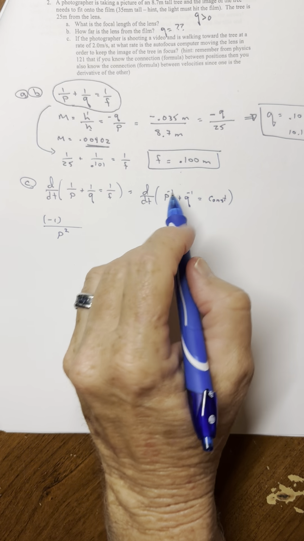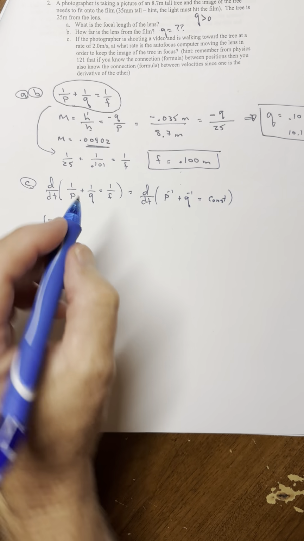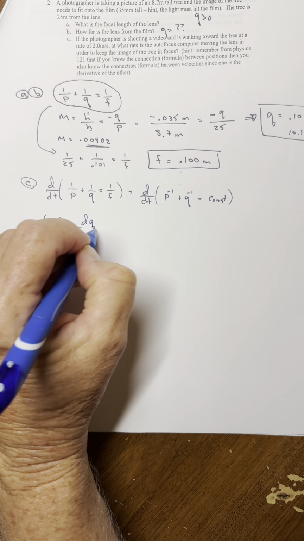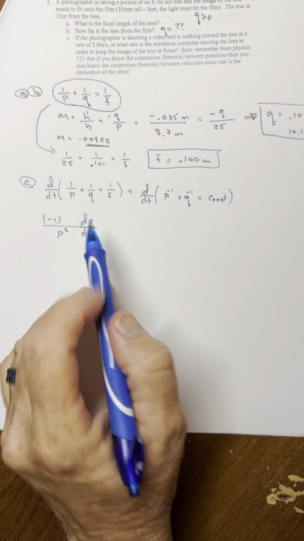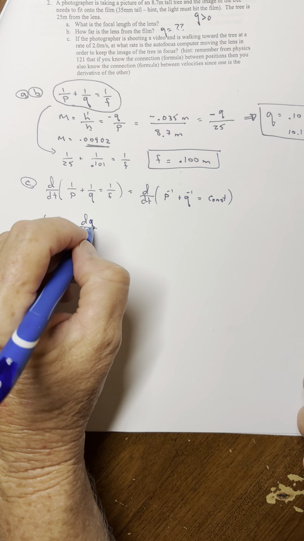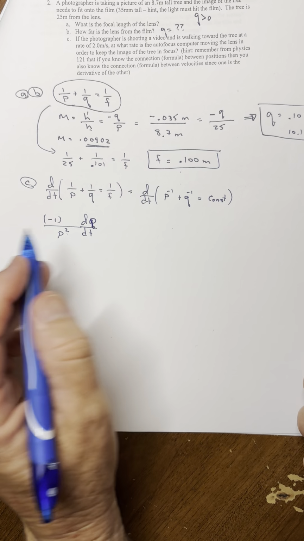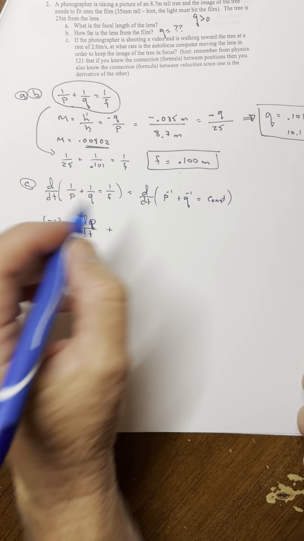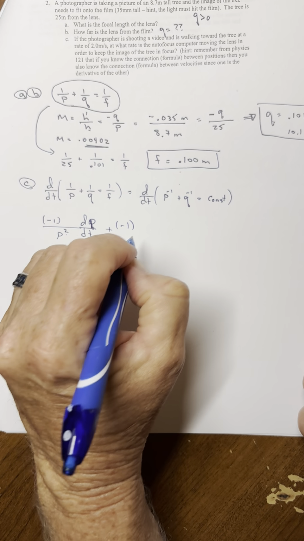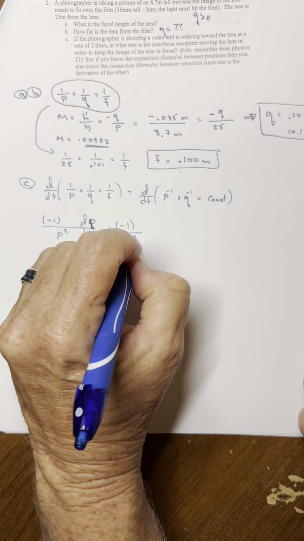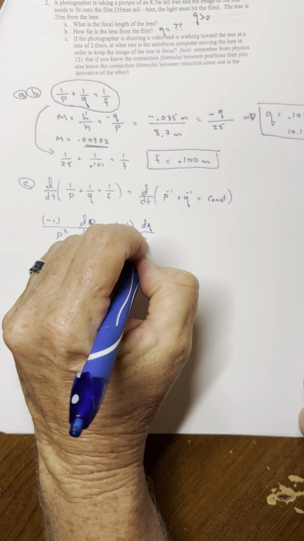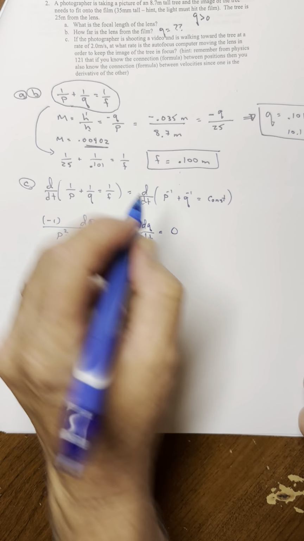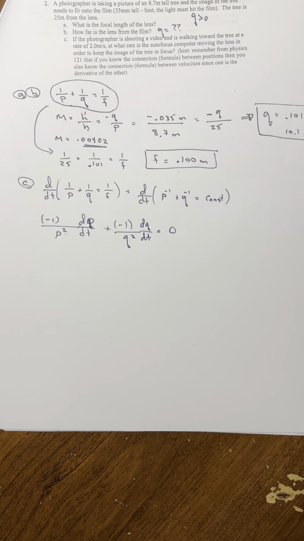That would be p to the negative 2, which I'll just put downstairs. Then the chain rule gives you how p changes with time. Basically the same thing here: negative 1 over q squared, dq dt, and the derivative of a constant is 0.